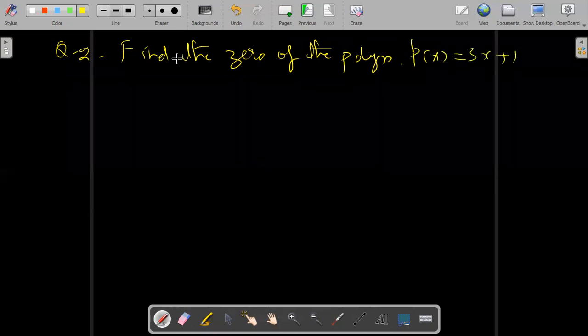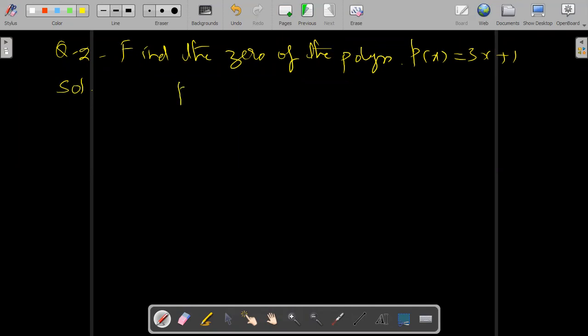If a simple polynomial is given, we will equate it to 0 and find the value of x. That will be the 0. So p(x) should be equal to 0, that is 3x plus 1 is equal to 0. 3x is equal to -1, x is equal to -1/3. So simply equate to 0 and find the value of x.